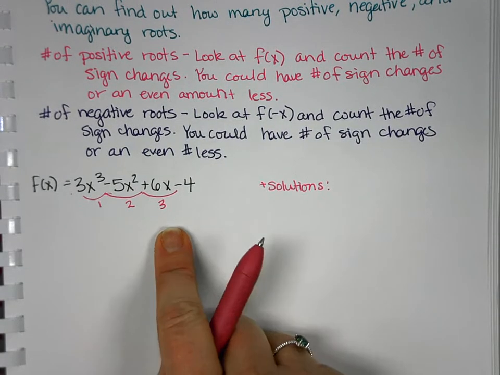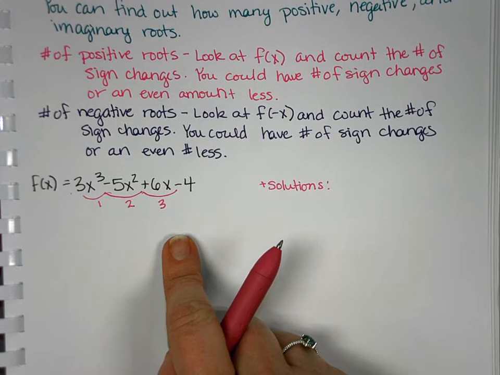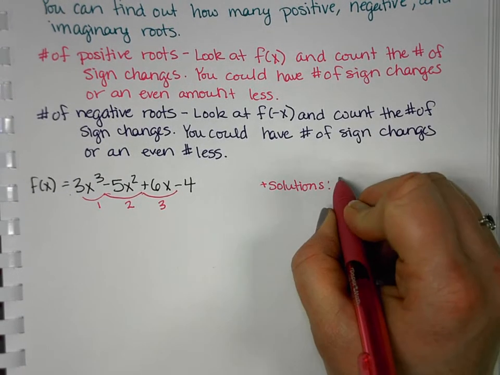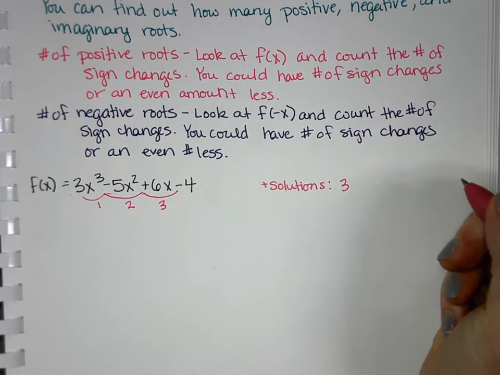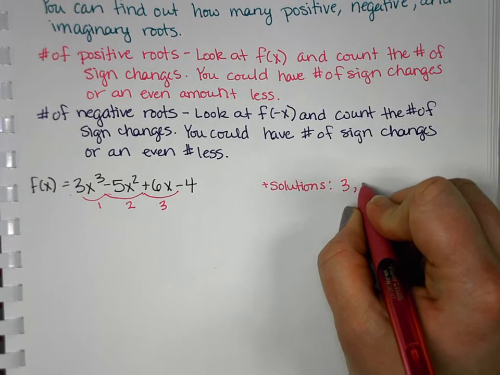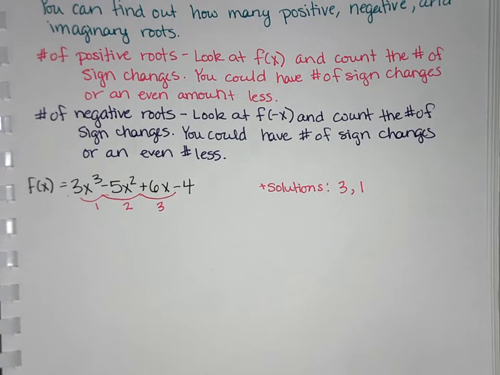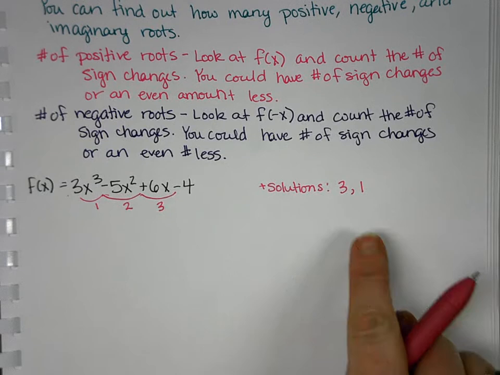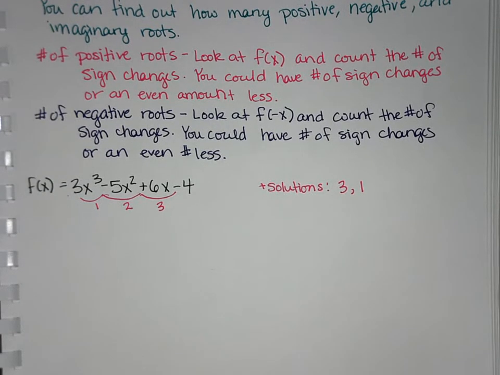That means for my positive, I could have 3 positive answers, or I could have just 1 positive answer. Either way, I'm guaranteed at least 1 positive. So using this with the rational roots, I know one of those positives has to work. So I might start with a positive one because I know I have to have one.